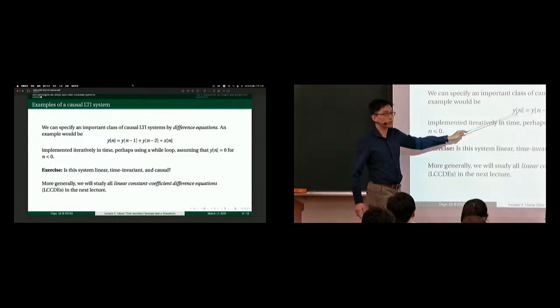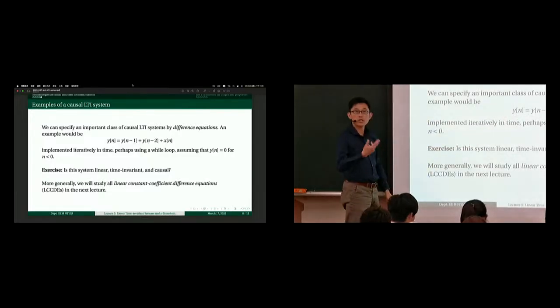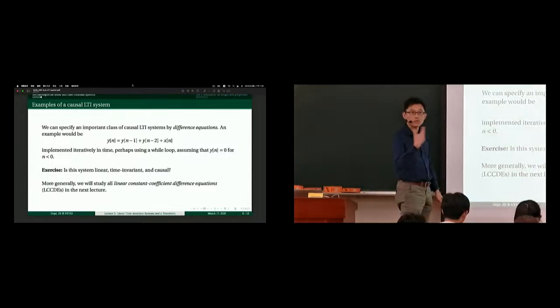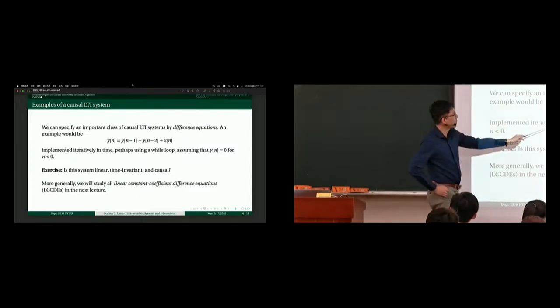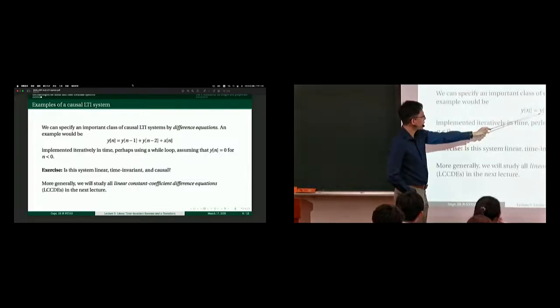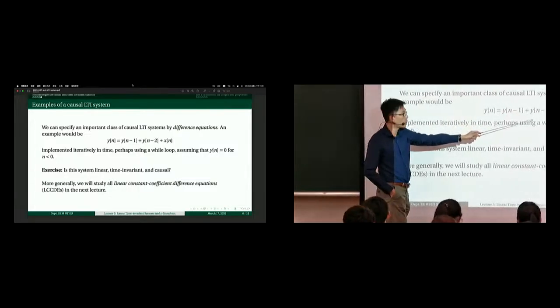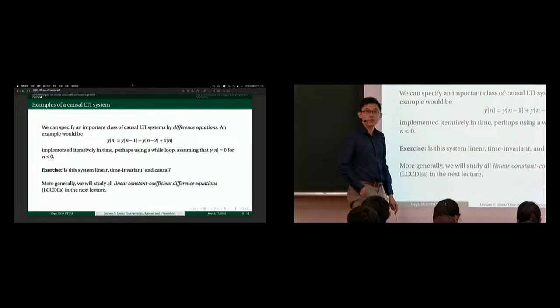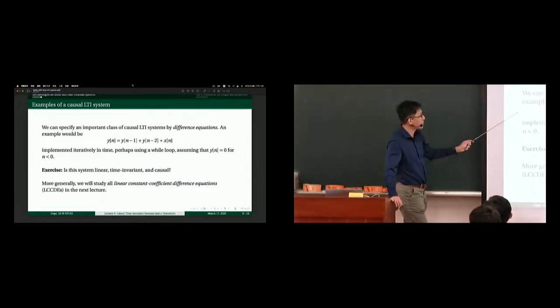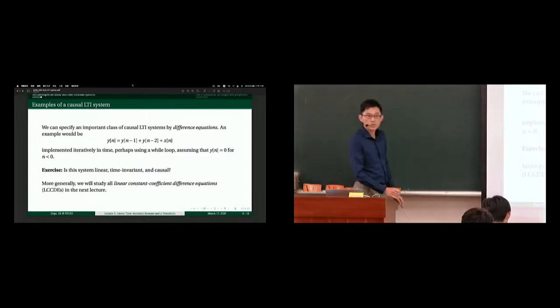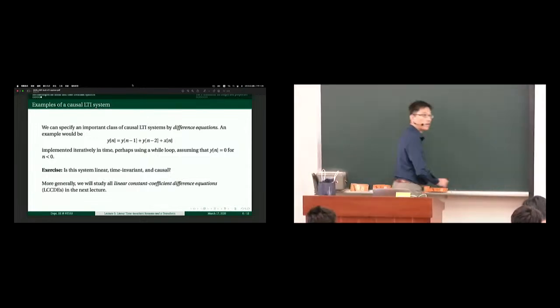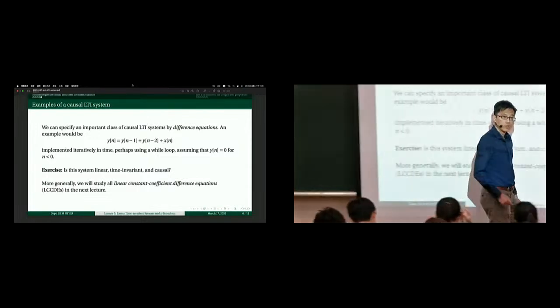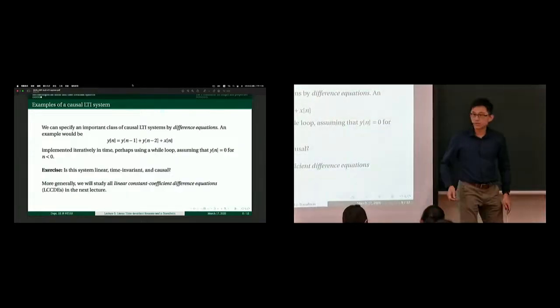So the output can be calculated iteratively, recursively, going on and on. This output depends on past output, the past two samples of output, plus any input that the system receives. And I said this is famous because this system gives you the Fibonacci sequence. Do you see that? Does everybody see that?